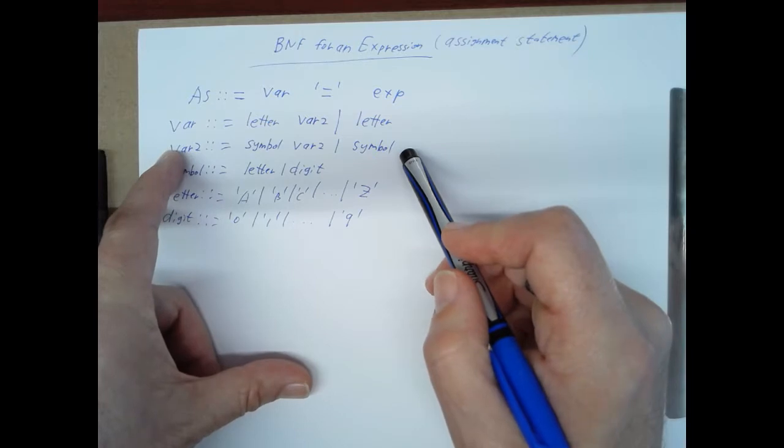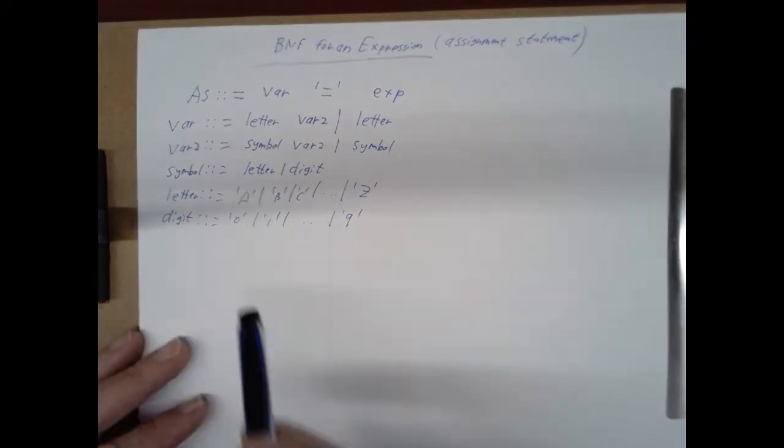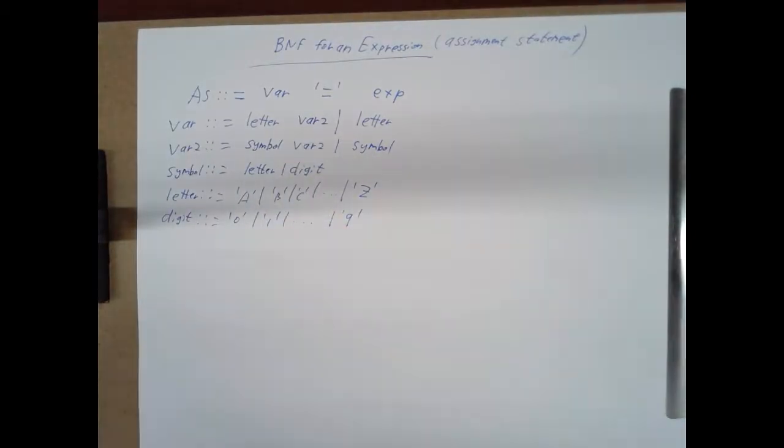So a var2 is capturing the idea of one or more letters or digits, right? And we're saying a variable is either a letter followed by one or more letters or digits, or it's just a single letter. So that captures our general notion of variables, ignoring underscores. Combinations of letters and digits beginning with a letter.